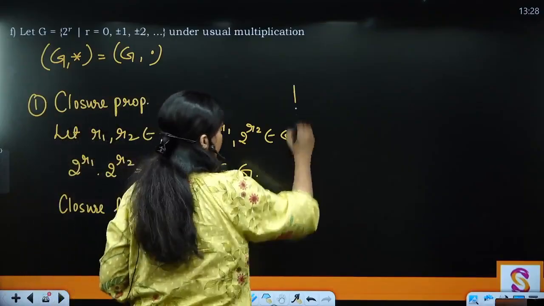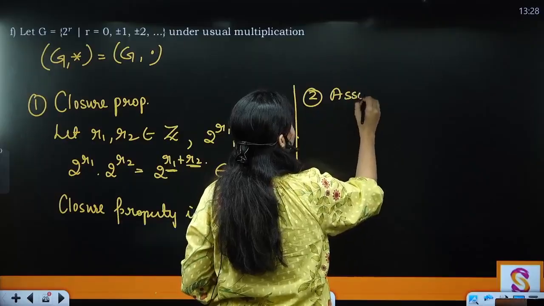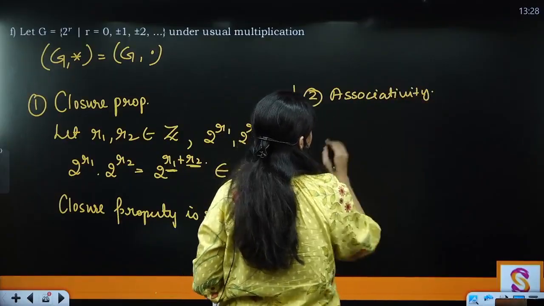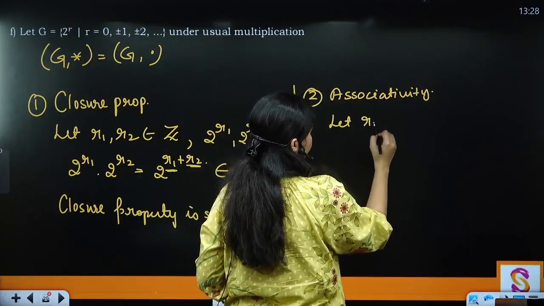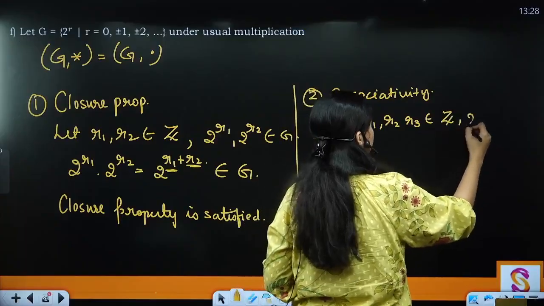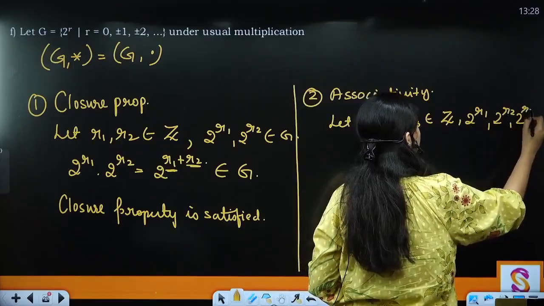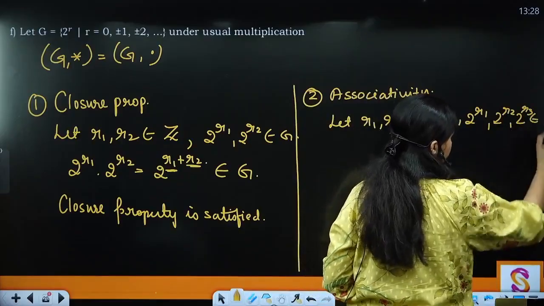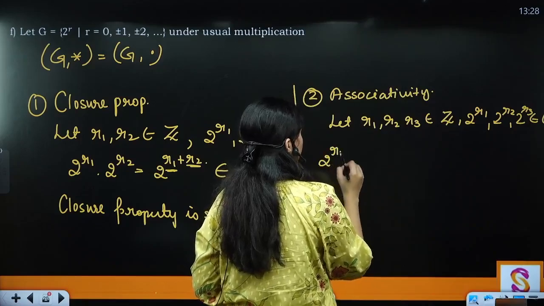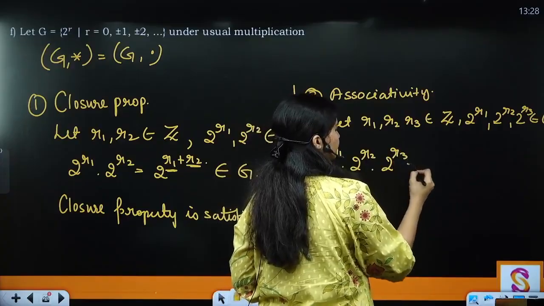Now, what about associativity? Let r1, r2 and r3 belong to integers, and 2 raised to the power r1, 2 raised to the power r2 and 2 raised to the power r3 belong to G, right? Now 2 to the power r1 dot 2 to the power r2, dot 2 to the power r3.